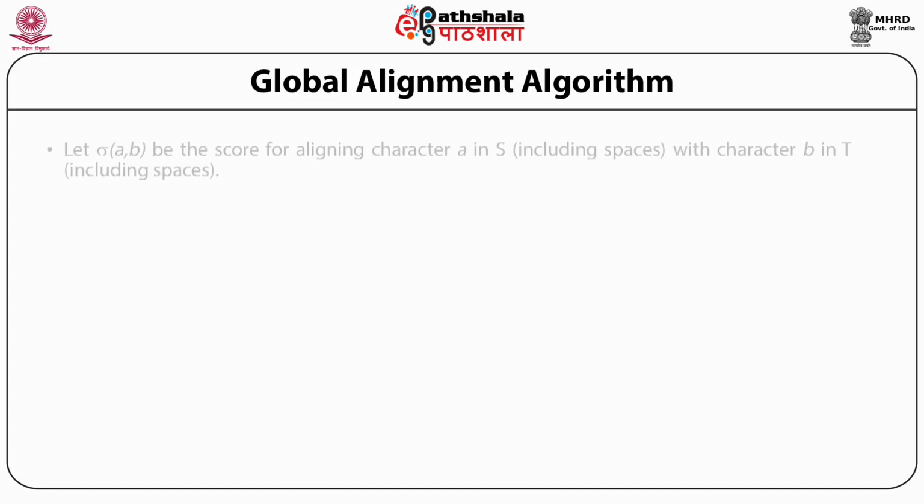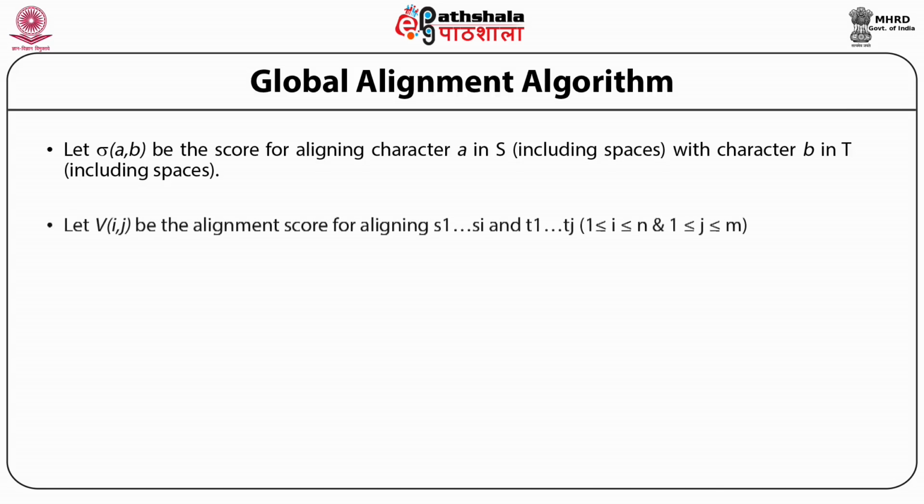Now let sigma(A,B) be the score of aligning one character, say a character A in S, which may include a space, with a character B in T. A and B may be the same, they may be different, whatever.